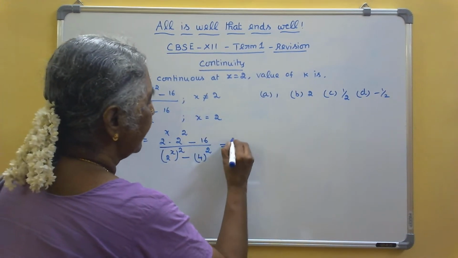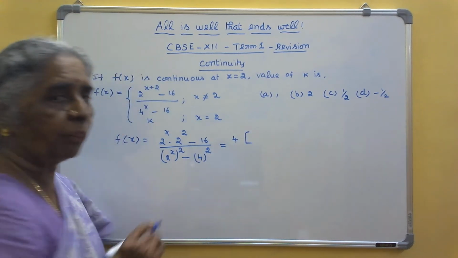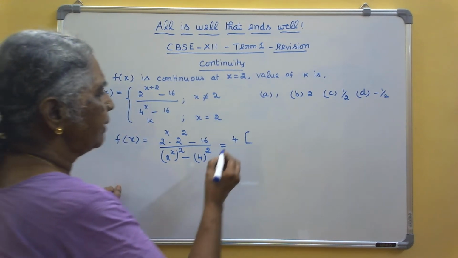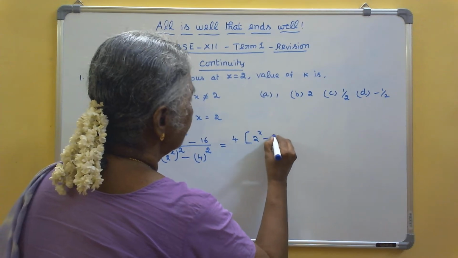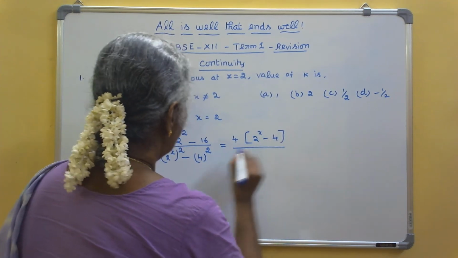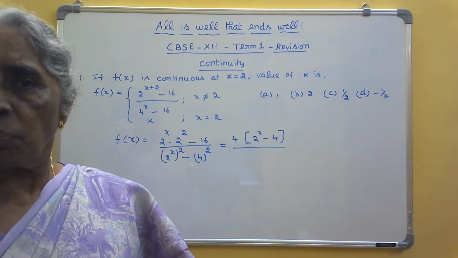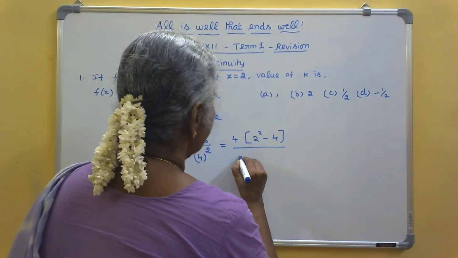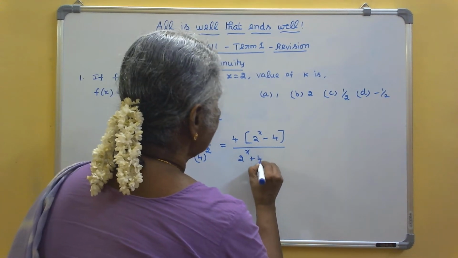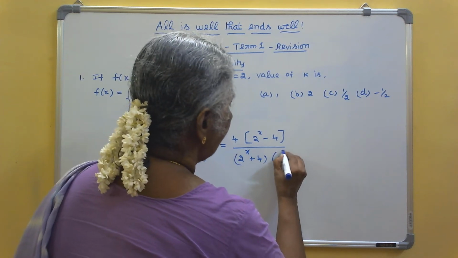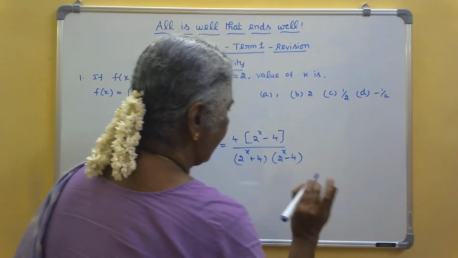Then here I can take one 4 common from the numerator, right? So I will get here 2 power x minus 4. The denominator is of the form a squared minus b squared, so you write it as a plus b into a minus b. Okay.